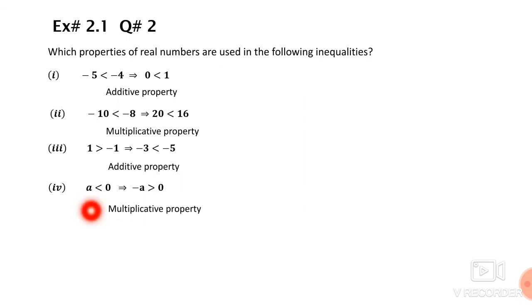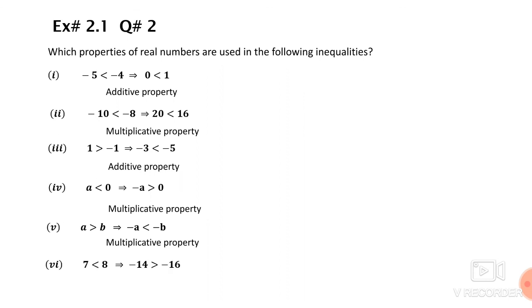Here we can see that the inequality is reversed. So the property used here is the multiplicative property, because only in the multiplicative property does the inequality get reversed. The same happens here. The inequality is reversed, it means multiplicative property. The same happens here.